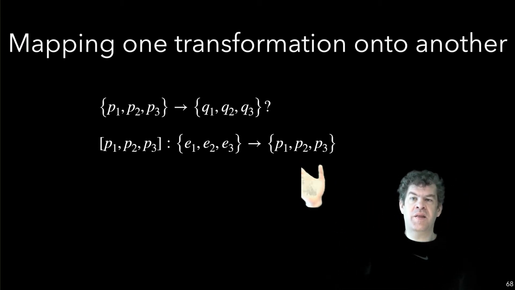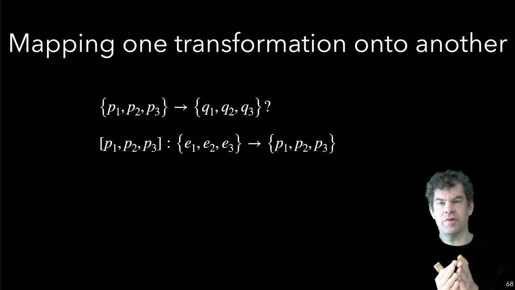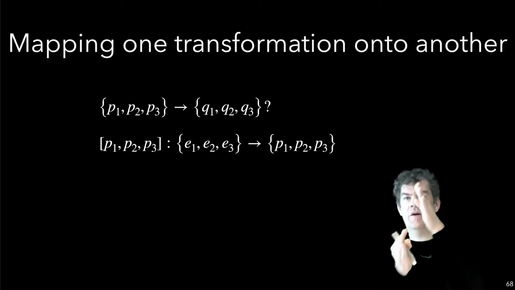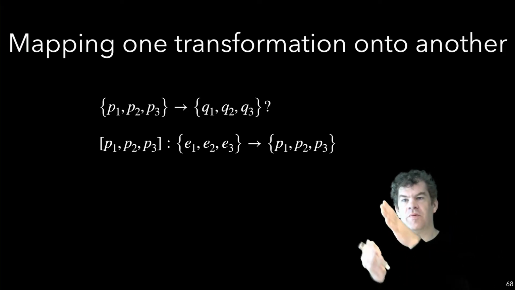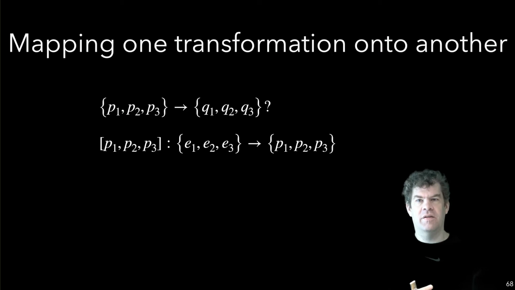Now we repeat this process. So multiplying the unit vectors with the matrix that is P1, P2, and P3 transforms the unit vectors to P1, P2, and P3. Not a big deal. Again, it doesn't have to be a big deal, okay?